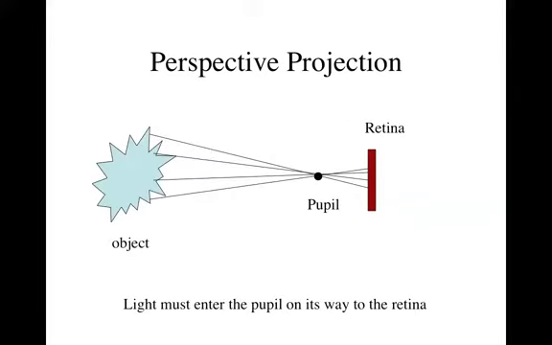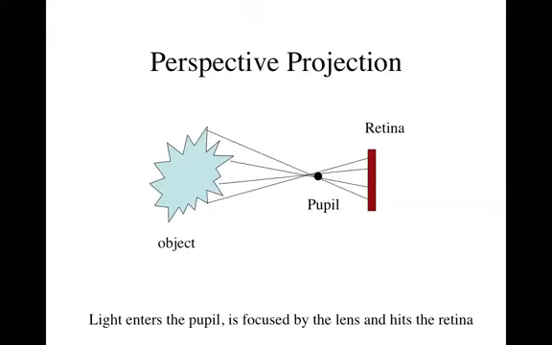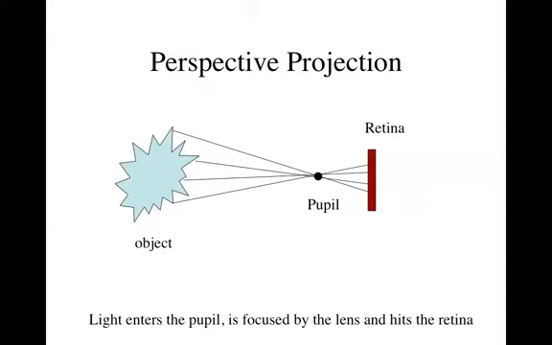We also talked about perspective projection. The fact that the light from an object has to pass through the small pupil before it gets to the retina leads to this thing called perspective projection. And one effect of this perspective projection is that as an object gets closer to you, the image on your retina is going to increase in size.